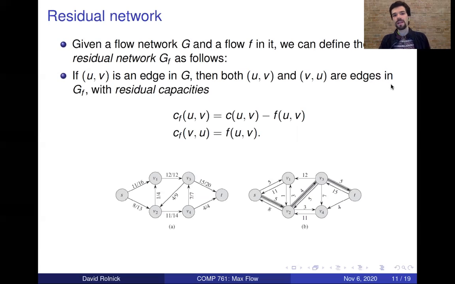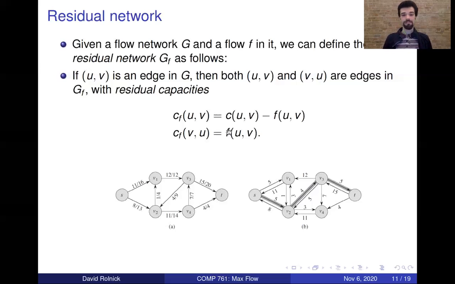So if UV is an edge in G, then we have UV and VU both as edges in the residual network, and they have residual capacities. So now we do have anti-parallel edges, but only in the residual network. This is why we didn't want anti-parallel edges in the original network, because it would just make these definitions super hard.